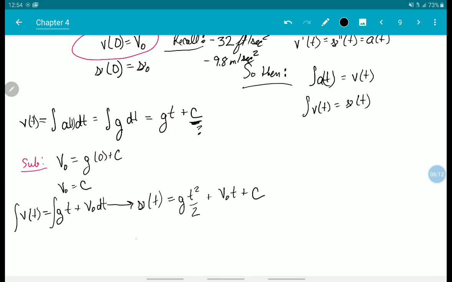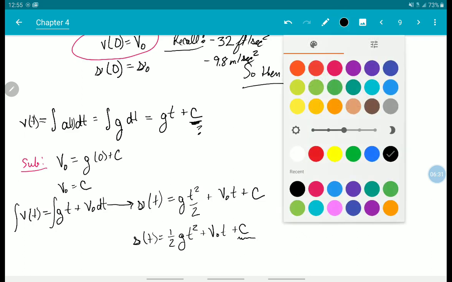So I'm going to rewrite this guy just a little bit, so you can see where that equation from section 2.2 is starting to come from. Now we just have to figure out what C is.